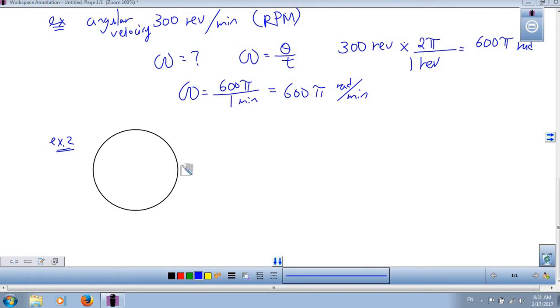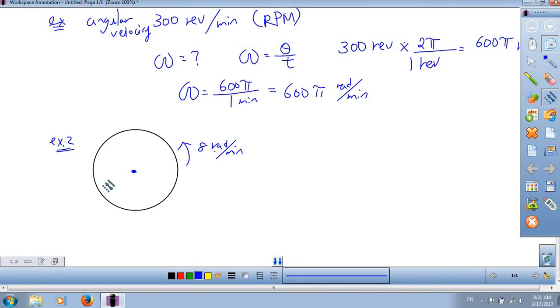Let's say the bicycle wheel is rotating at 8 radians per minute. So that's the omega for this bicycle wheel. What's the linear velocity of the wheel if the diameter is 28 inches? So the diameter across the wheel of the bicycle is D equal to 28 inches.